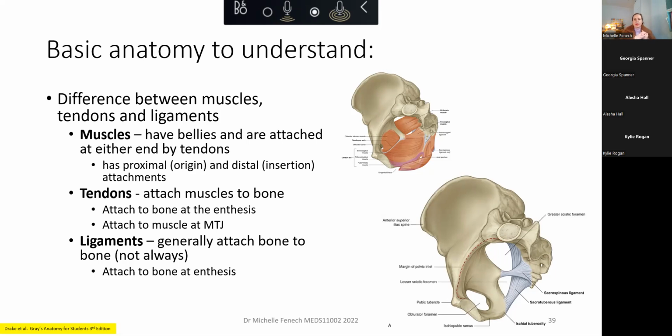That's the enthesis. Likewise, where the tendon attaches to the muscle belly, that transition zone between tendon and muscle is called a myotendinous or musculotendinous junction, and we often refer to that as the MTJ.